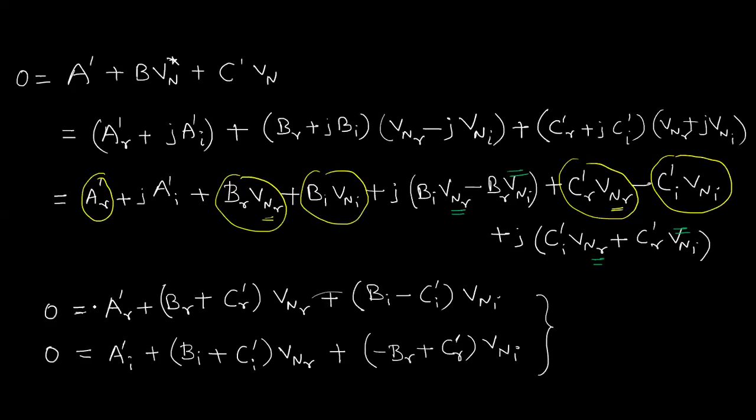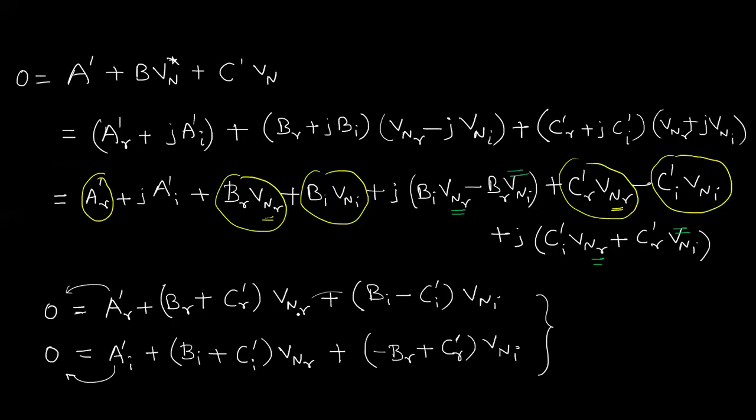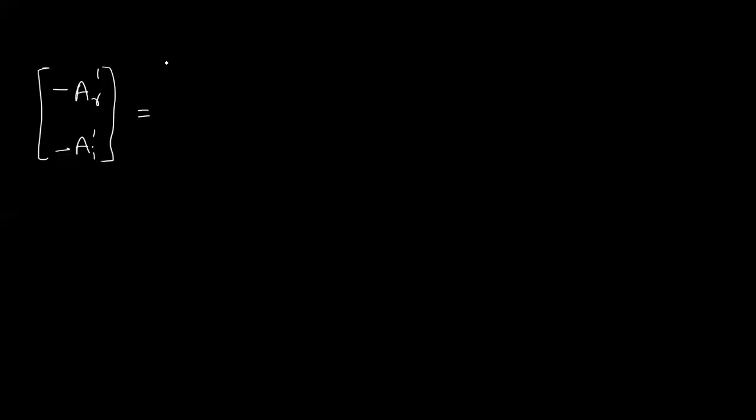So what we can do here is take the constant terms to the right hand side, the AR dash and AI dash. So that becomes minus AR dash, minus AI dash, that is equal to the coefficients of VnR and VnI that we need to write. So that becomes like this. So this is Vn real and Vn imaginary.